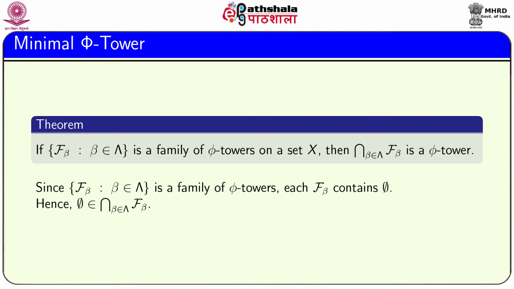In the theorem here, it is established that if we start with a family of phi towers, then the intersection of the members of the family forms again a phi tower. Since F_B, B belonging to lambda, is a family of phi towers, each F_B contains the empty set. Hence, the empty set will be in the intersection of all these F_B.